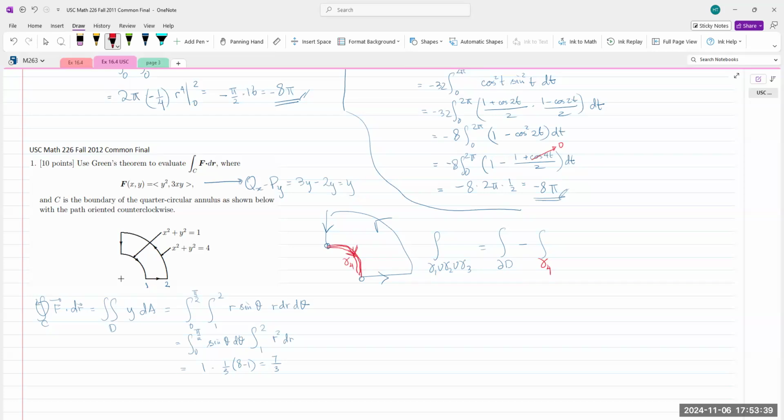So if you reverse that orientation, that basically becomes Green's theorem, right? Minus, or if you reverse it, that becomes plus the integral over negative gamma 4.